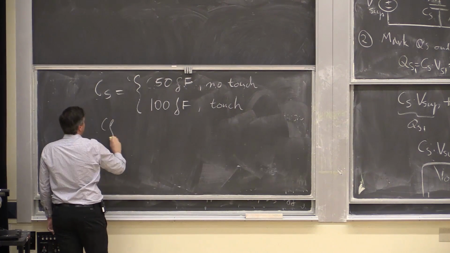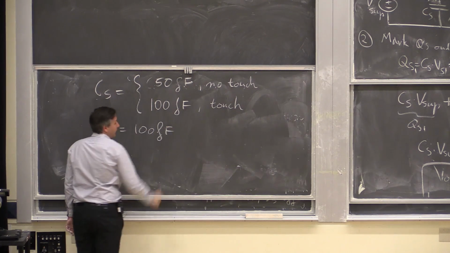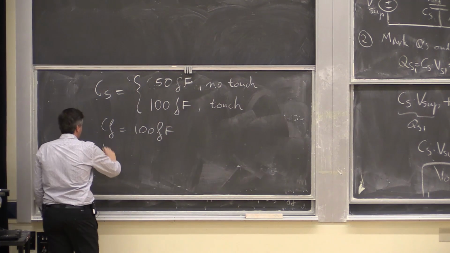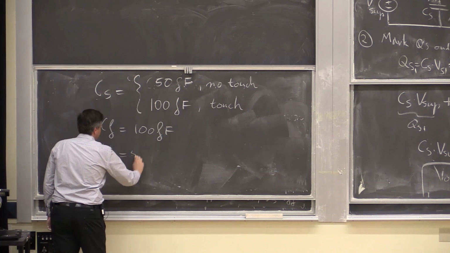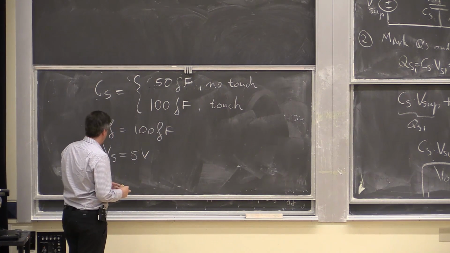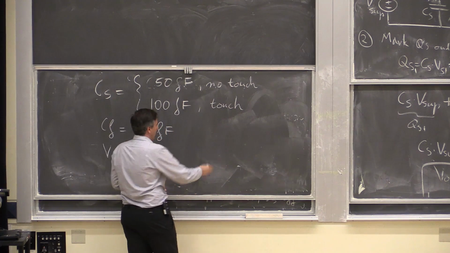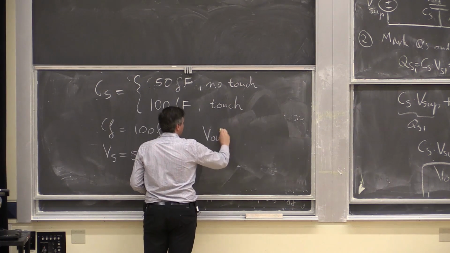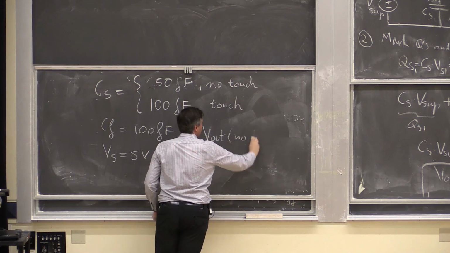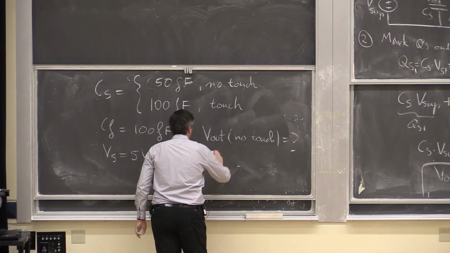And also CF is 100 femtofarads. Okay? And let's say supply voltage is 5 volts. So the question is, what is V out in the no touch condition and also in the touch condition?